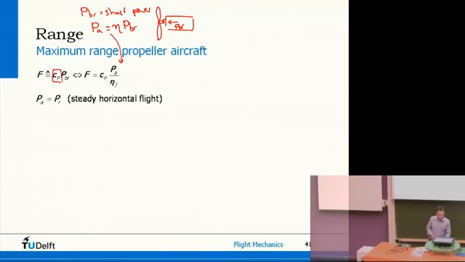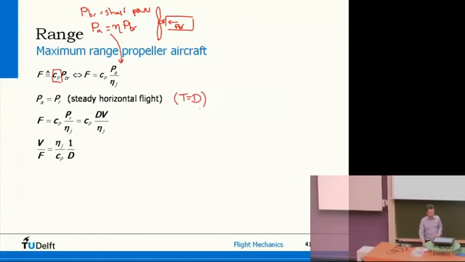Now, in this steady horizontal flight, we're trying to fly as far as we can. So thrust is equal to drag, or power available is equal to power required. We have power available in the equation, so we can also say that's power required, because they must be the same. So that's aerodynamic drag multiplied with airspeed.